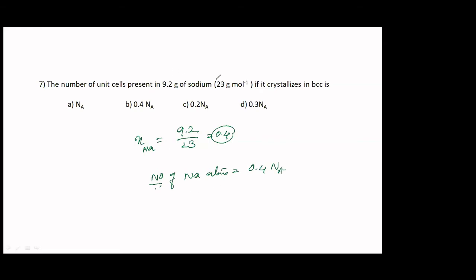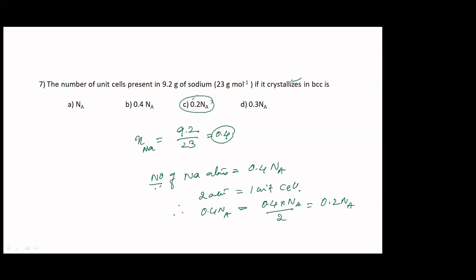Okay, but because it is BCC, 2 atoms form 1 unit cell. So 2 atoms equal to 1 unit cell. Therefore, 0.4 into N_A atoms should be equal to 0.4 into N_A upon 2, which will be equal to 0.2 N_A. Am I right?